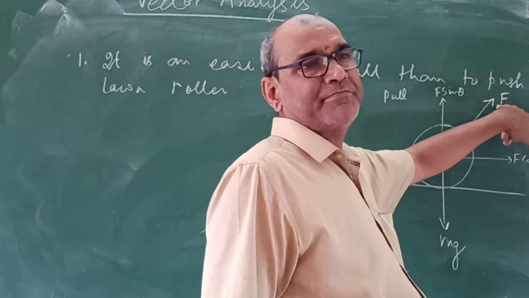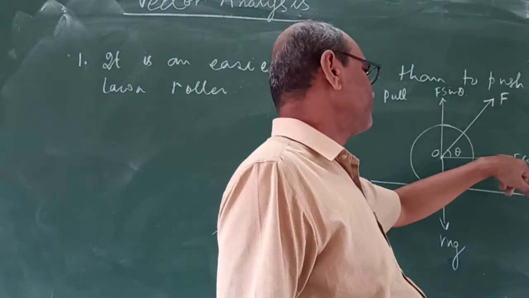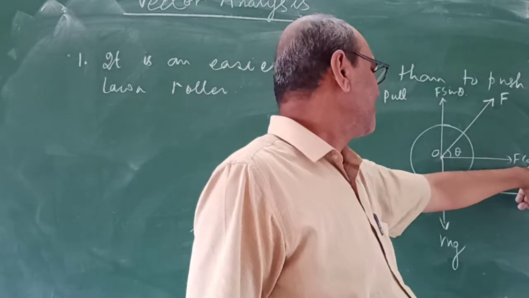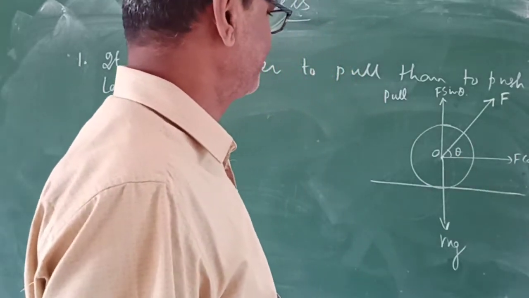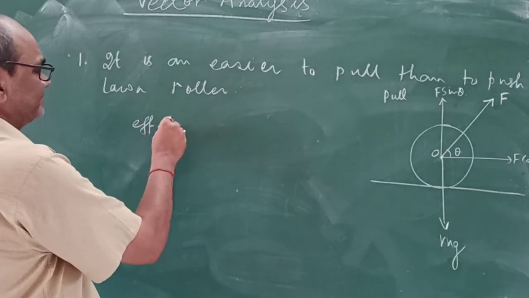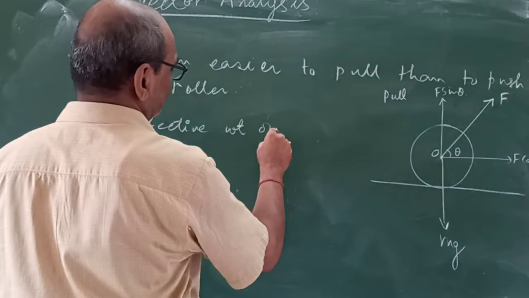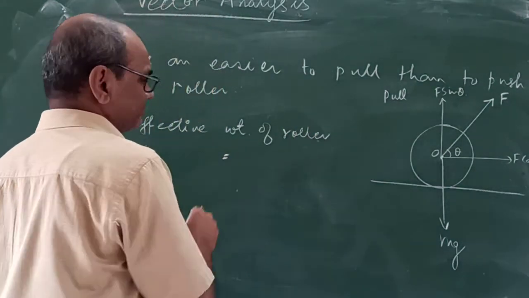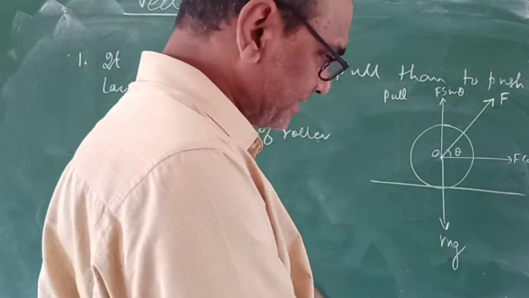Now we apply a pull with a force F. Resolve F into two rectangular components: one is F cos theta, another is F sin theta. Now the effective weight of the roller is equal to mg minus F sin theta.